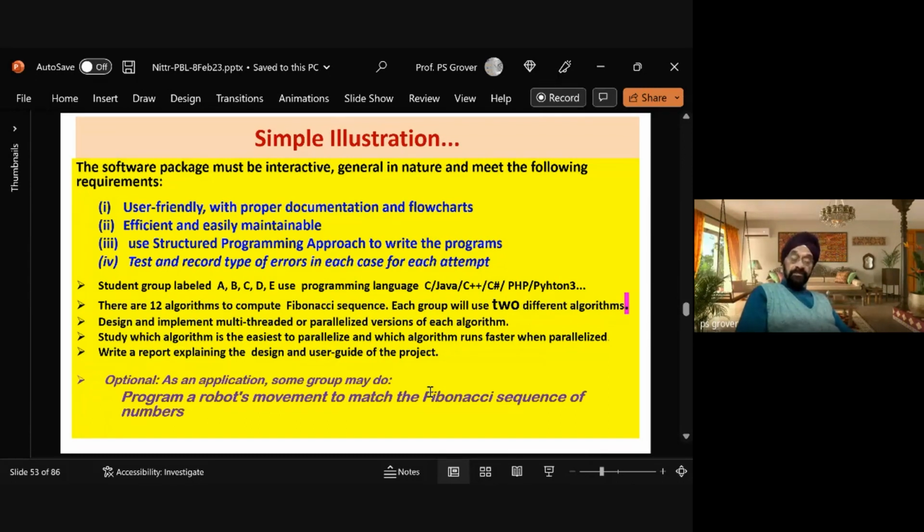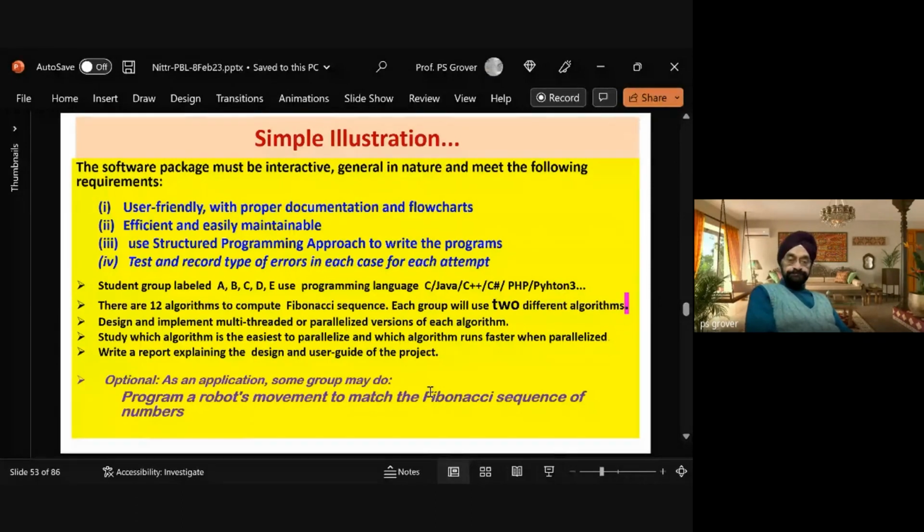This can be done maybe within 1 week, maybe 10 days, depending upon the level of the students, depending upon the class, and so on. Maybe he may have to learn a new language also. So the idea I'm trying to emphasize is that the same classroom projects and new experiments can be converted into project-based learning, where it may be for 1 week, maybe 10 days, and so on. Generally, that is only a thumb rule.